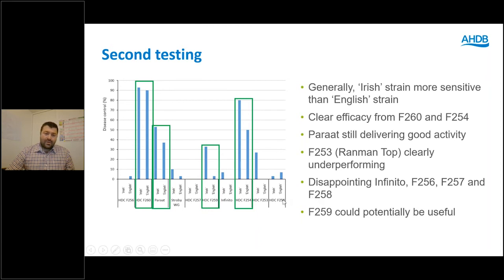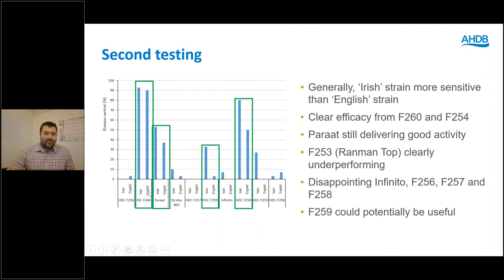It was also very interesting that F253 Ranman Top, just here, as you can see there, didn't perform again. So we were pretty confident by that stage that Ranman Top also had some resistance or tolerance issues.